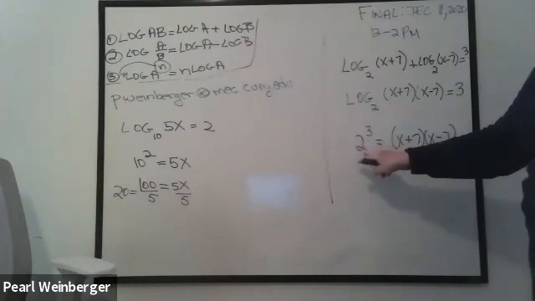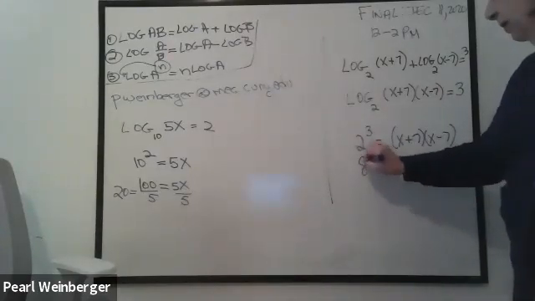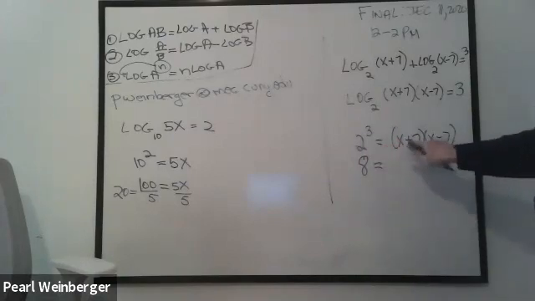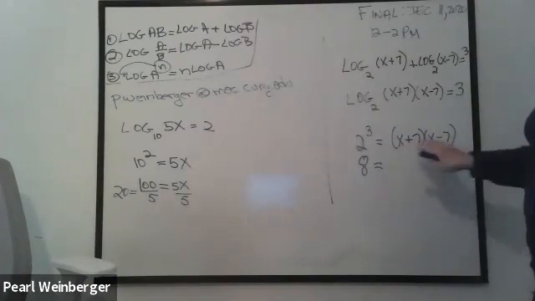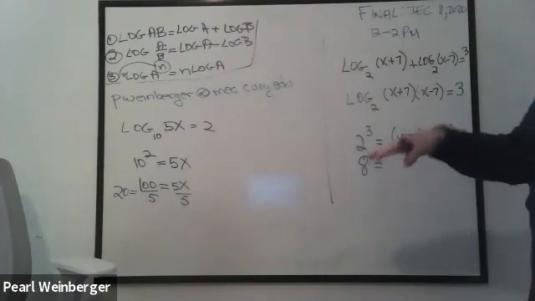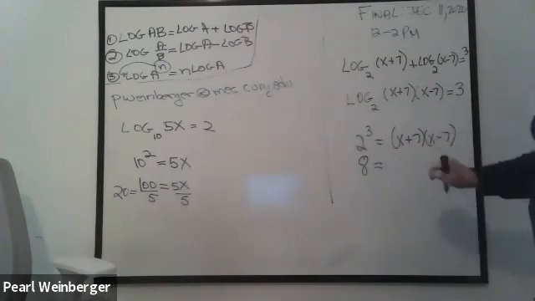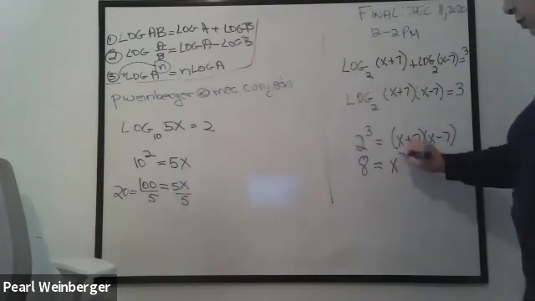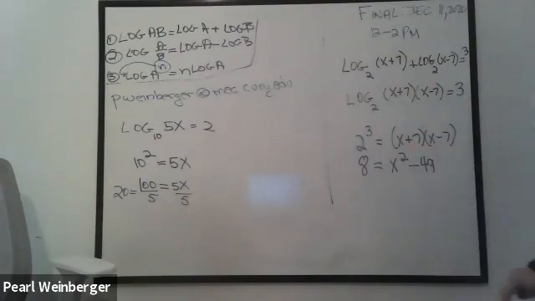Well, obviously I can do 2 to the third. 2 to the third is 2 times 2 times 2, that's 8. And this is x plus 7 times x minus 7. These are conjugate binomials. I don't even have to do a whole FOIL. I can just do first and last because these are conjugates. That'll give me x squared minus 49. And I can even go further.